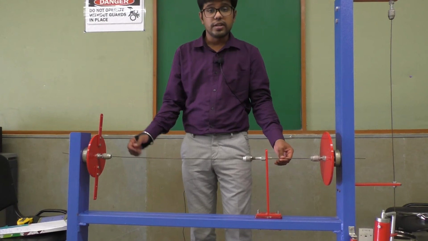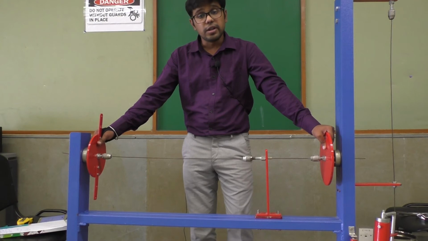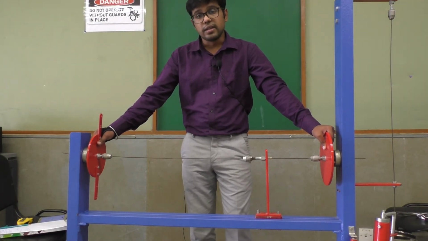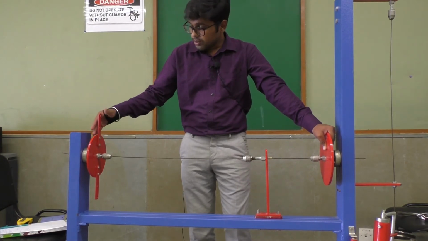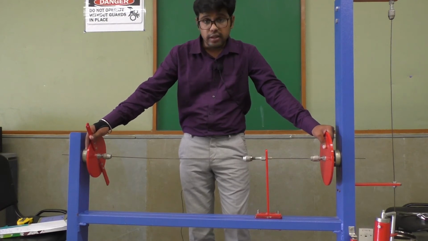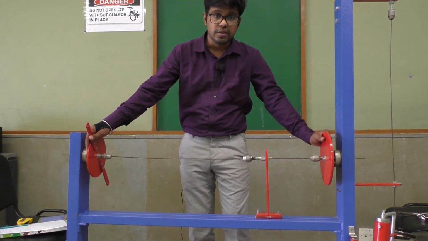Now, in order to study the torsional vibration of the system, we need to give torsional deflection to both the rotors, but in opposite direction, and it has to be uniform in magnitude, or say equal in magnitude. So if this rotor is rotated by some angle in clockwise direction, the other one has to go in the anti-clockwise direction from the mean position.